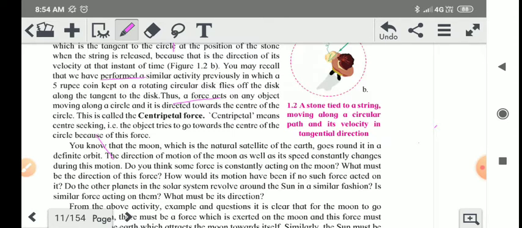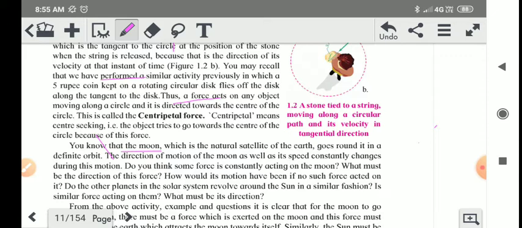You know that the moon, which is a natural satellite of the earth, goes around in a definite orbit. The direction of motion of the moon as well as its speed constantly changes during this motion. Do you think some force is constantly acting on the moon?